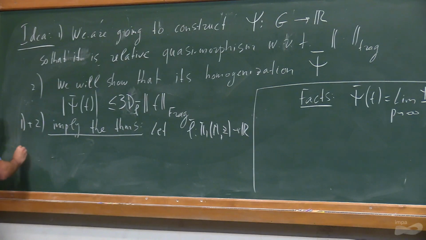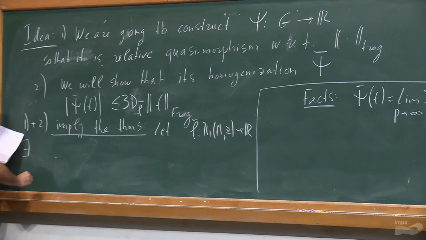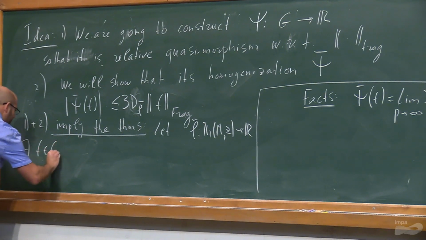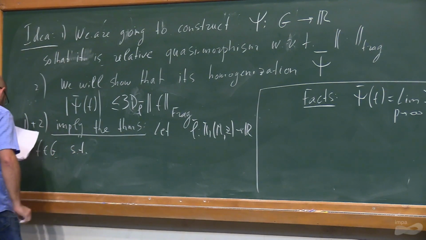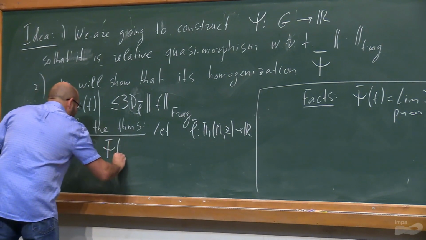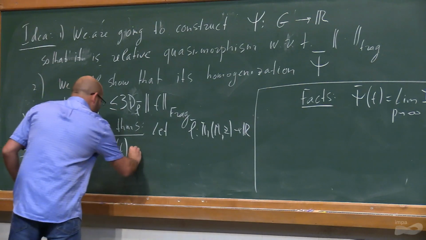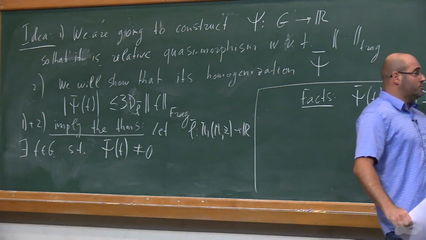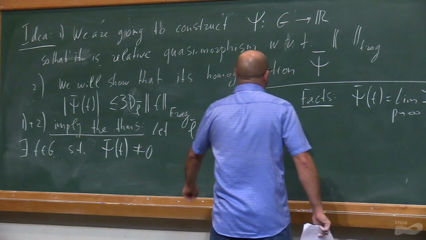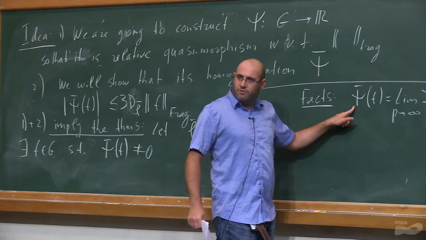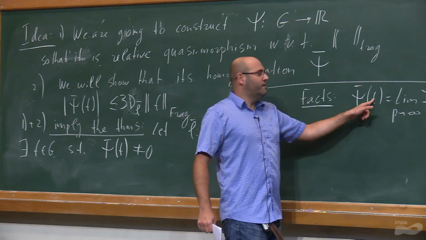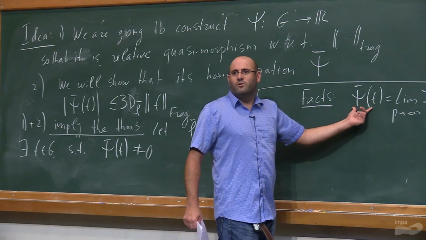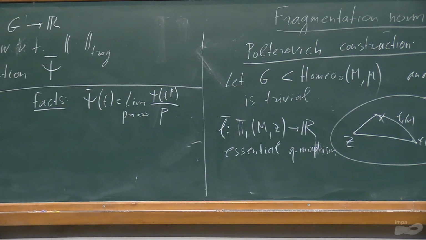And there exists f in G such that psi bar of f is not 0. This is due to the lemma that I told you: if this guy is not trivial, then this guy is not trivial. Not trivial means exactly that there exists a diffeomorphism on which it is non-zero. So I'm just taking such a diffeomorphism.